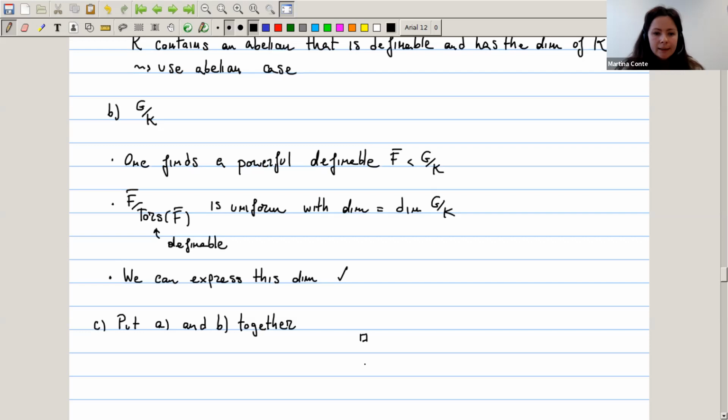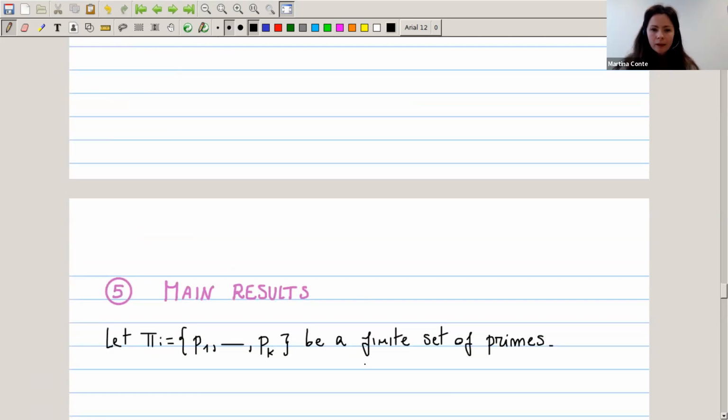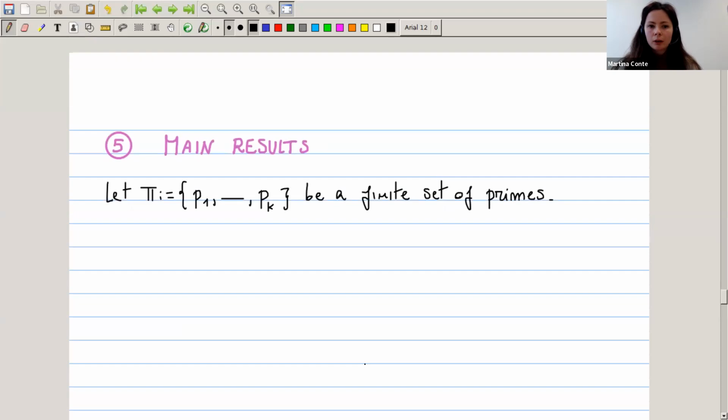Let me now go at the, up to now we just spoke about p-adic analytic pro-p groups. So let me talk about some more general groups. We consider pi a finite set of primes, so p1 up to pk.